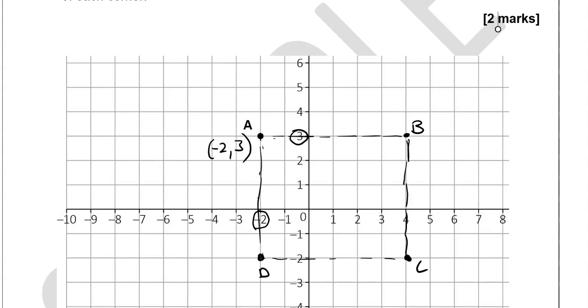So -2, 3. For B, this is 4, going up to 3, so 4, 3. For C, this is 4, -2. For D, this is -2, -2.